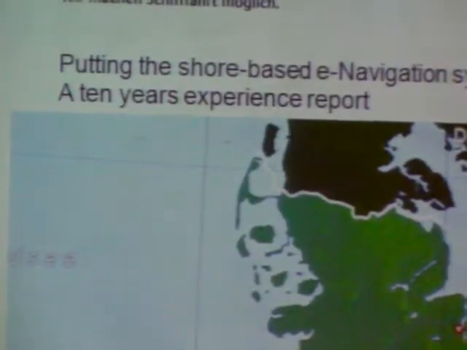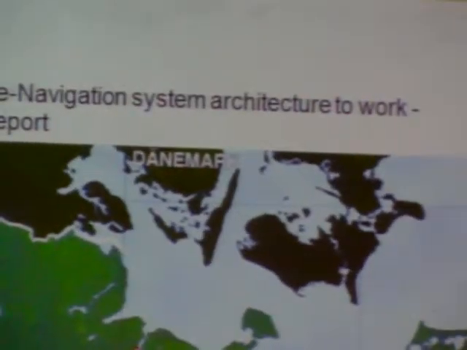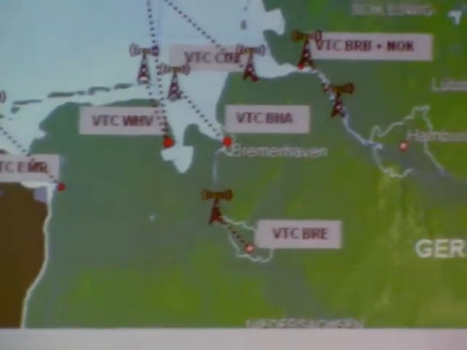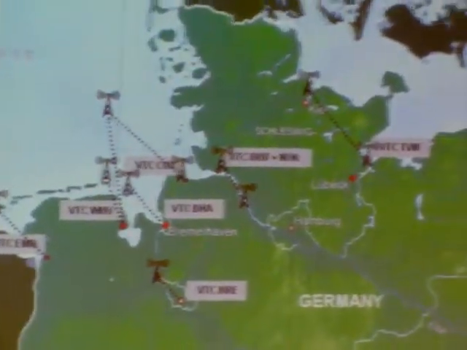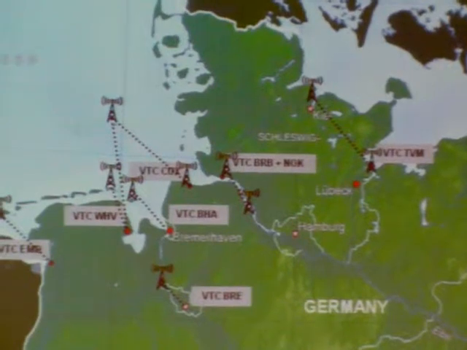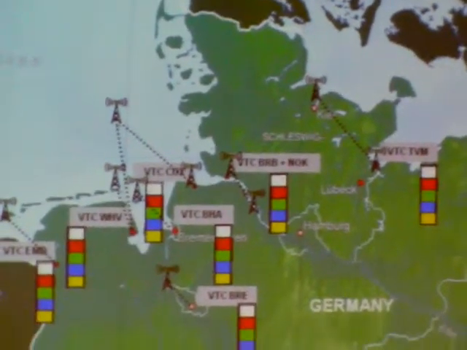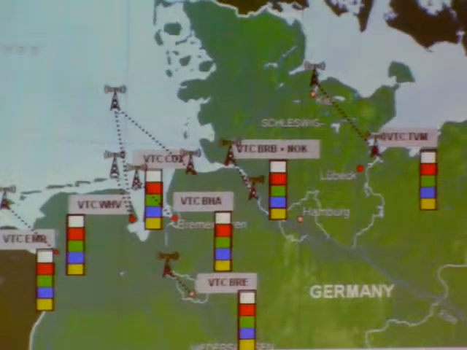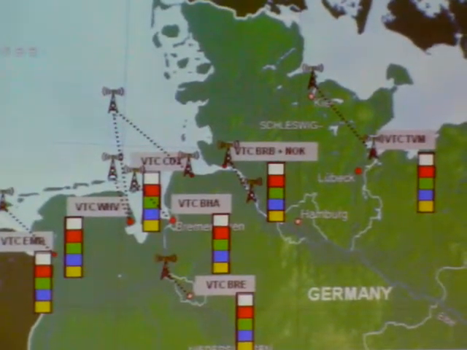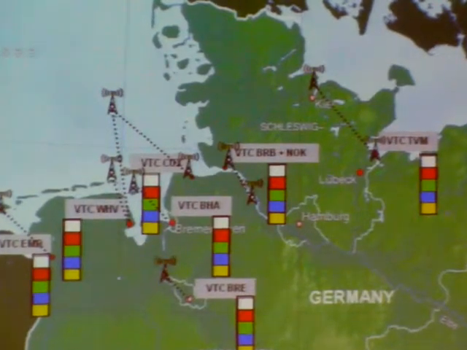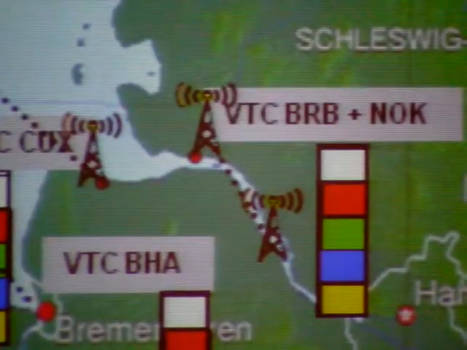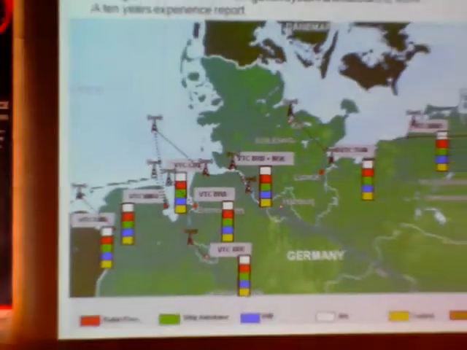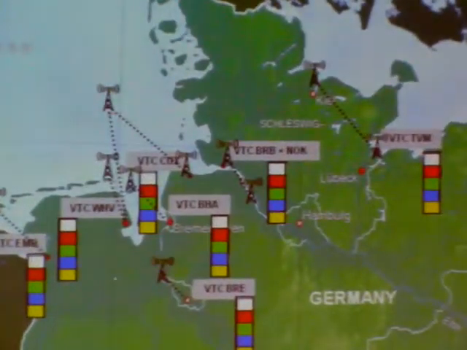To give you a geographical aspect on it, you can see here our vessel traffic centers. That's the current situation. All the sensors and communication on the remote sites are connected to each center. Each center has its own radar data processing, databases, VHF, and so forth. And at that time, already temporary solutions for AIS, control systems. So, bring it all together in one system.